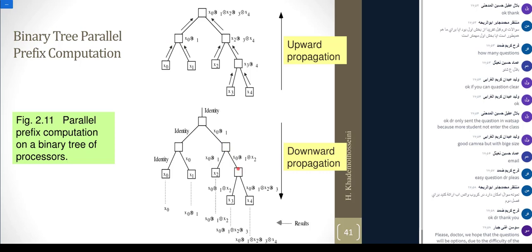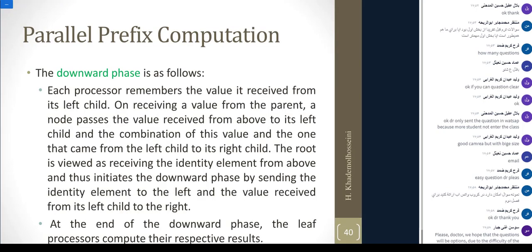Why? Tell me why. You tell me, this one is received from up, this one is received from left, the combination of up and left is moved to right. This is an example.